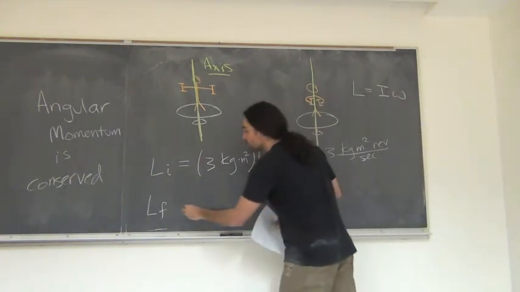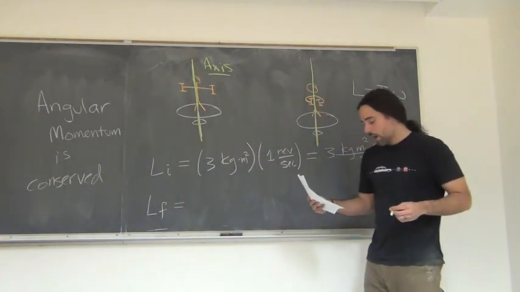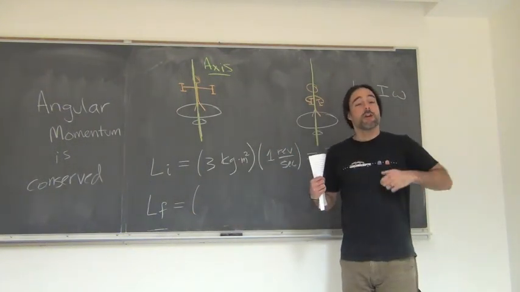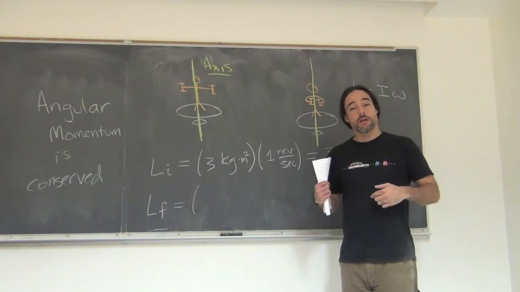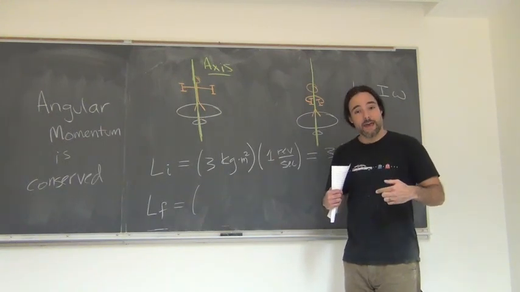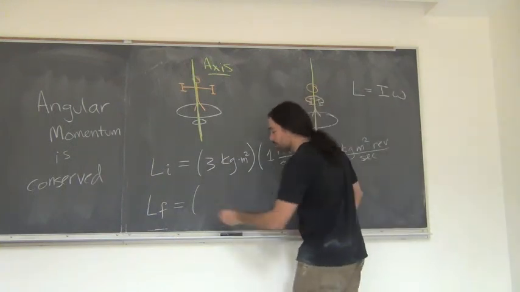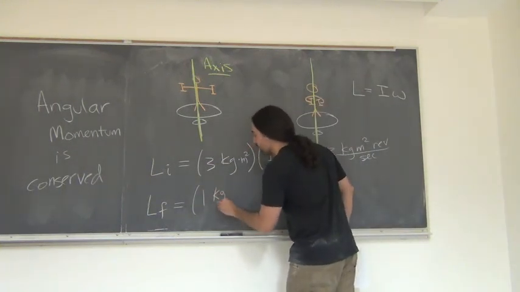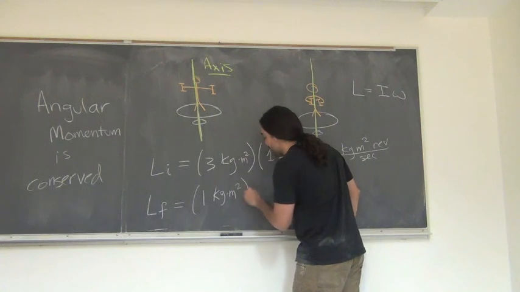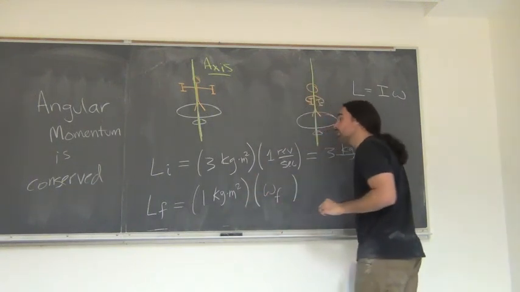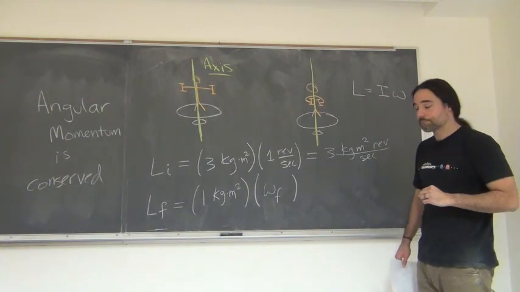But if his moment of inertia changes, let's say his moment of inertia, because he's brought his arms in, remember his mass hasn't changed, but the distribution of mass has, which means the moment of inertia is going to change. It's going to get smaller. Let's say it goes down to 1 kilogram meters squared times some final angular velocity.